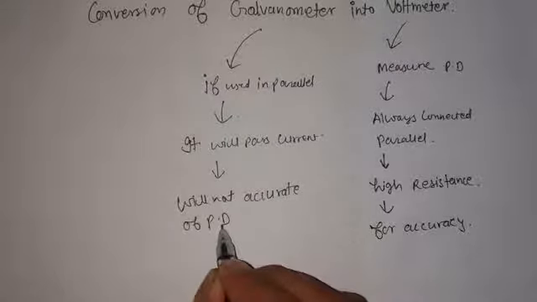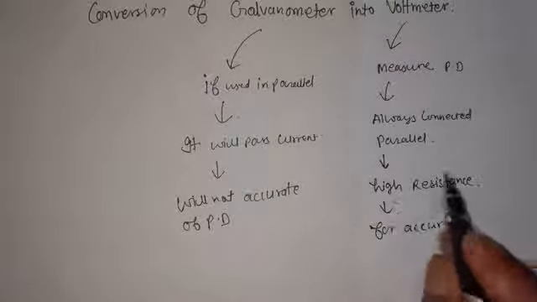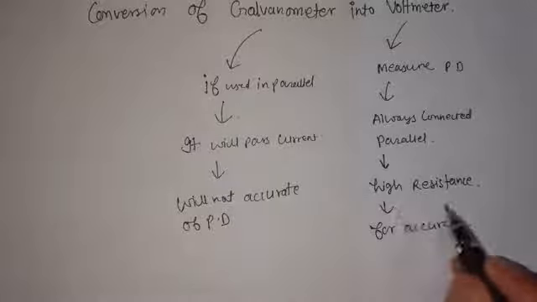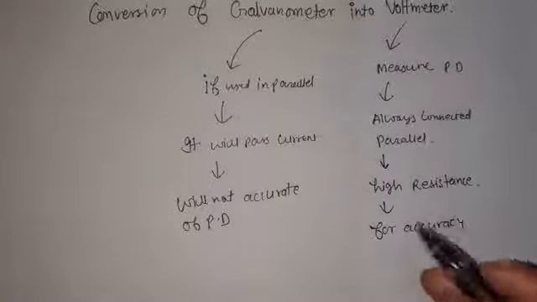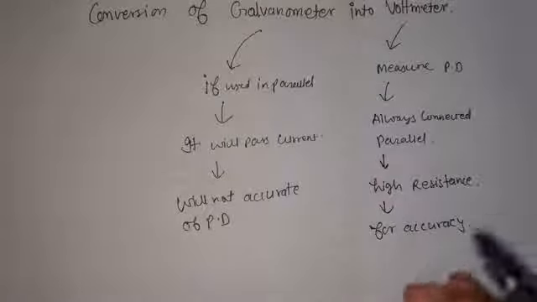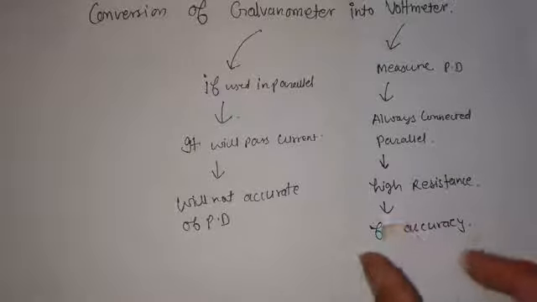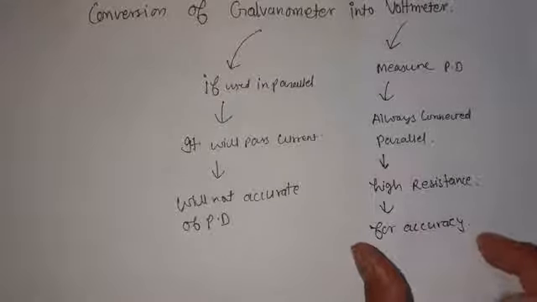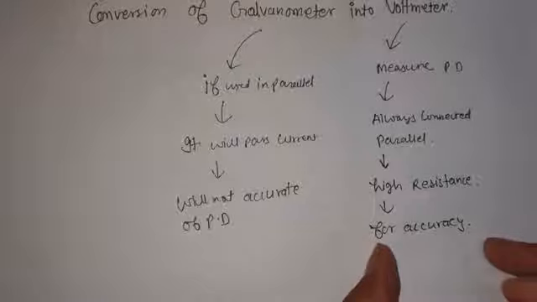potential difference. As we said, the voltmeter should have high resistance. If there is high resistance, current will not pass through it, and that's why it will give us an accurate measurement of the potential difference between the two points.